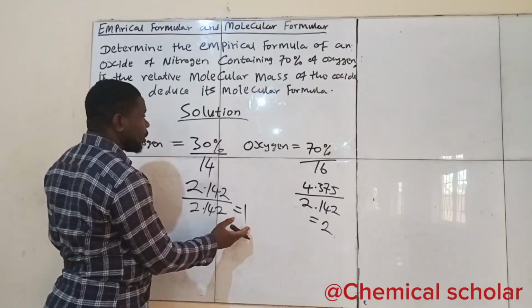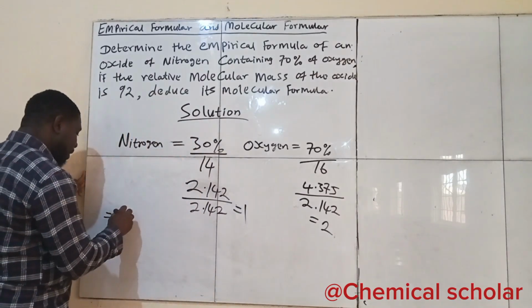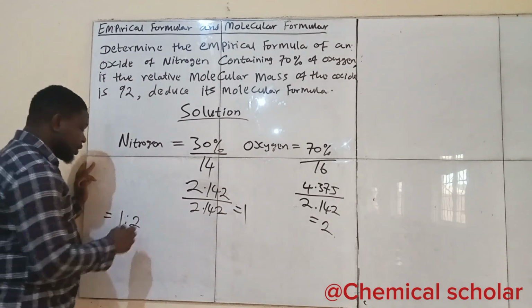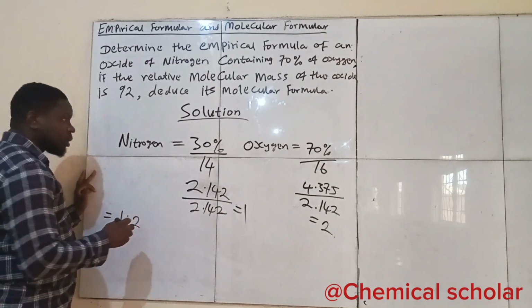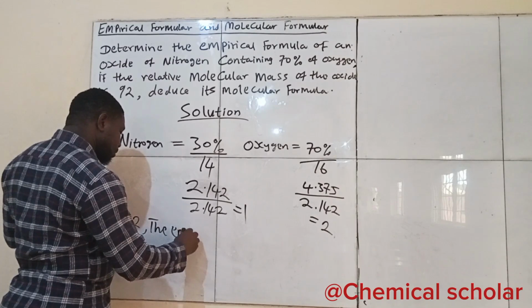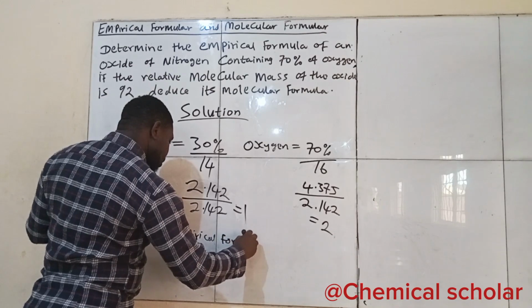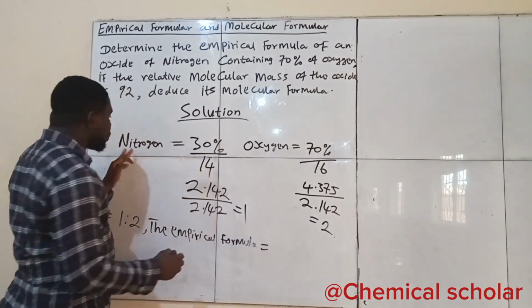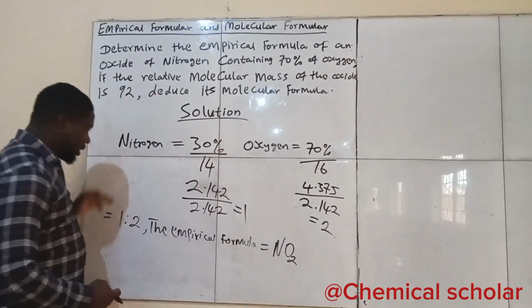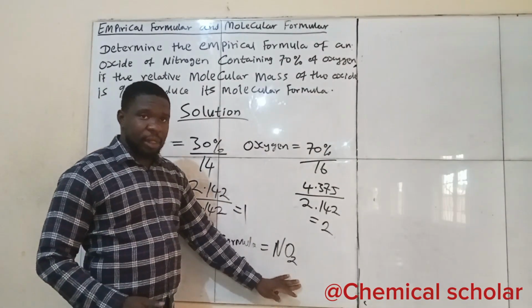So the ratio of nitrogen to oxygen will be 1:2. So we now know that the empirical formula, therefore, will be NO2. That is 1 nitrogen to 2 oxygen. This is the empirical formula.